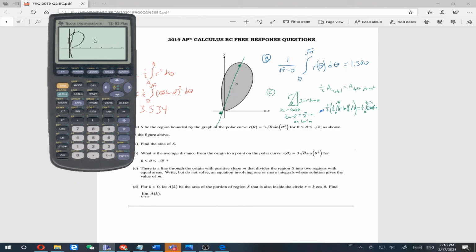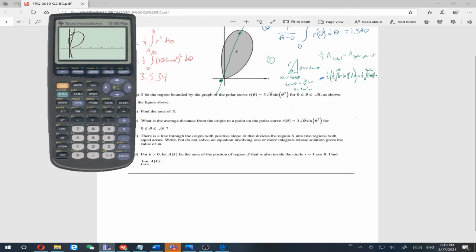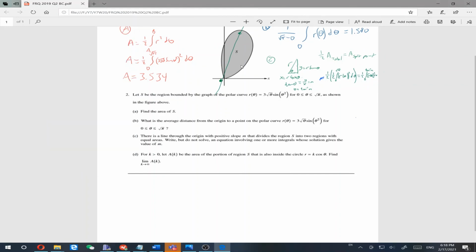Okay, so as k approaches infinity, this line will get closer and closer to the y-axis, and I'm eventually going to enclose all of S that's in quadrant 1. And if we enclose all of S in quadrant 1, then we'll look something like this.